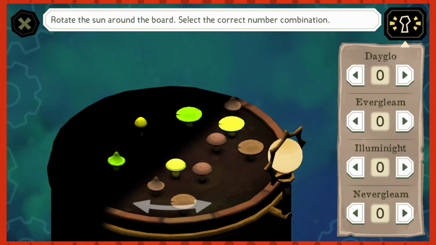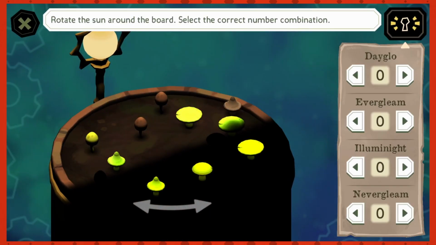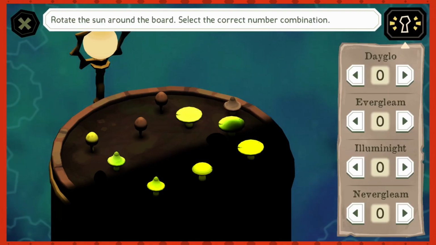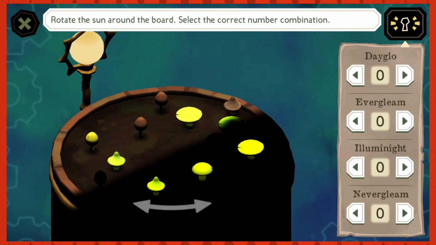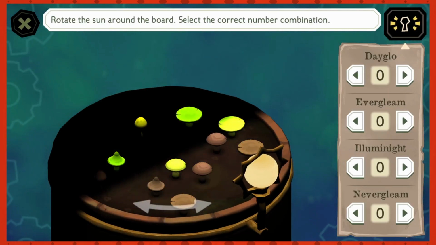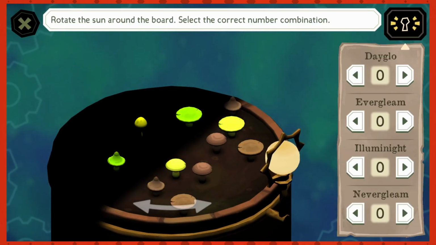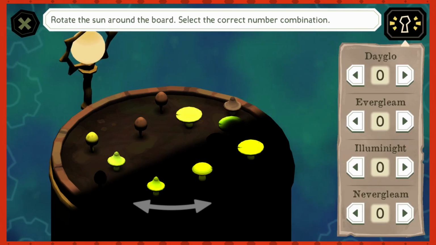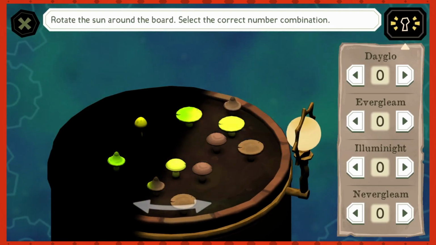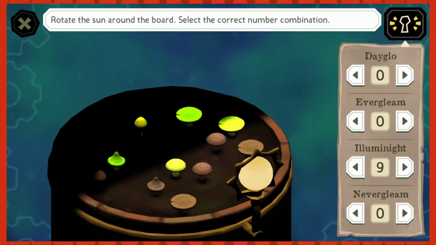Okay. Yes. Okay, so there's 3 here that light up when it's dark. 1, 2, 3, 4, 5, 6. 1, 2, 3, 4, 5, 6.